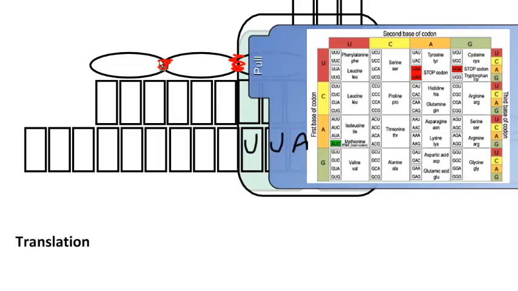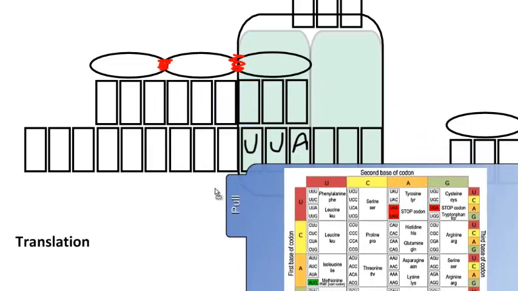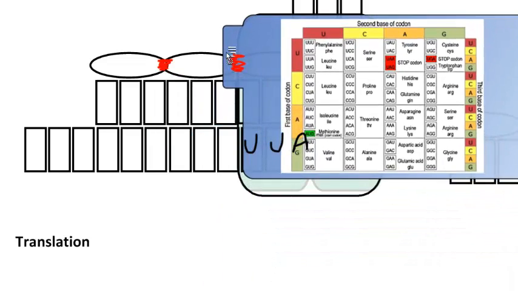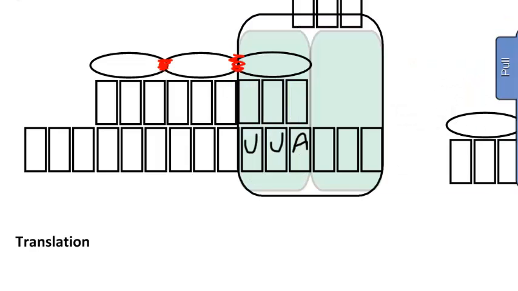If I pull my chart out again, you can see that there are 3 that are in red. Right here, here, and here. Those 3 that are in red tell the mRNA to stop decoding at that point. So we're going to do a UAG in order to stop our coding.